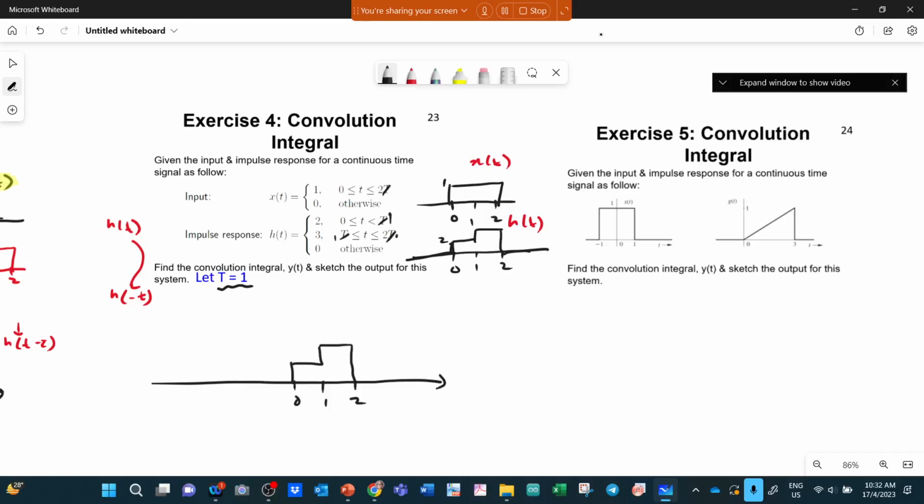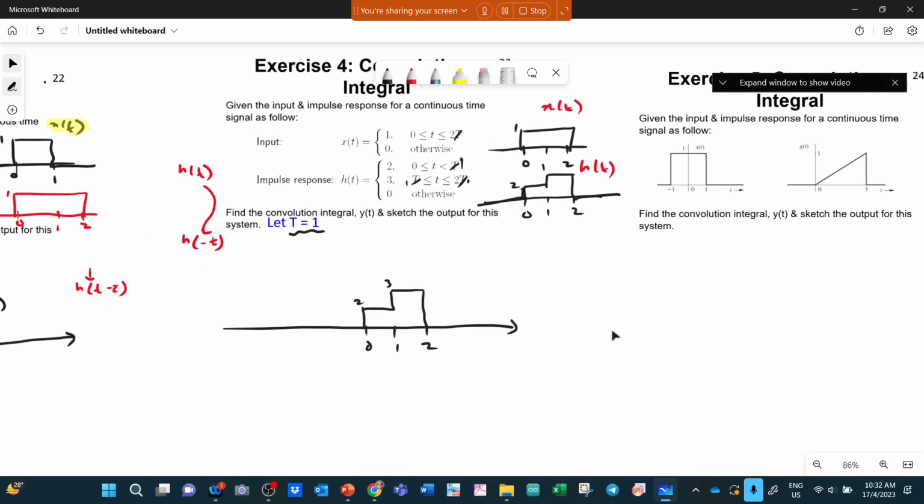Don't forget, make sure you write the amplitude directly there, right? Afraid you forget later, it is difficult to do the convolution. Now we are going to flip x, so we are going to flip x t minus tau.